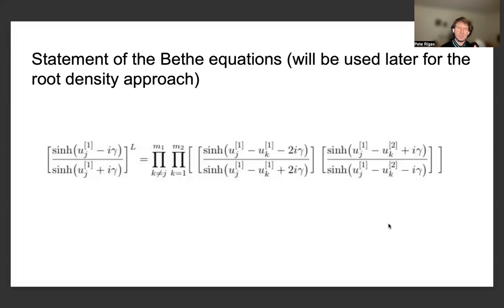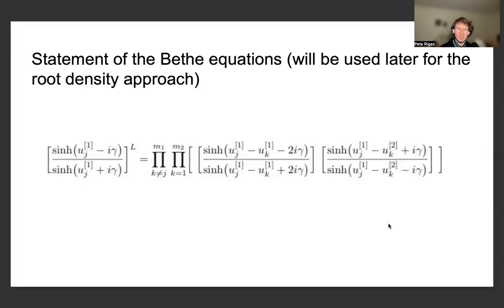And even though we're stating the Bethe equations now with the anisotropy parameter for the root density approach, we're going to want to make a statement of the Bethe equations for an anisotropy parameter that is very close to 0.